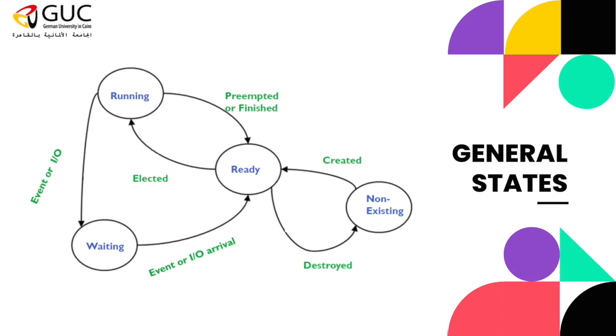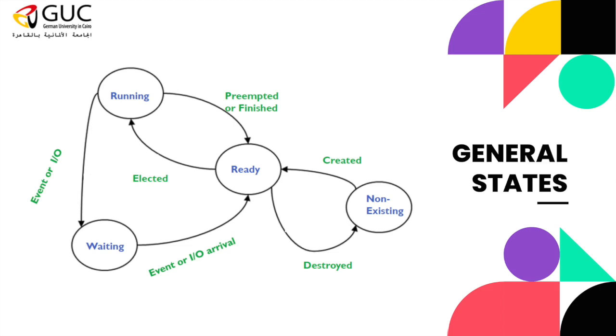So let's just have this simple scenario. As I told you, we have two tasks, X and Y. The scheduler chose task X to run. It is the time for task X to run, so it moved from the ready state to the running state. Okay? Then, while it was running, task X requested the use of a certain I/O device, for example, the printer.